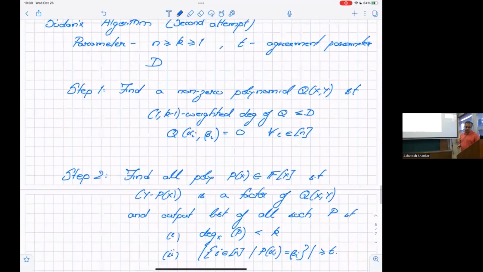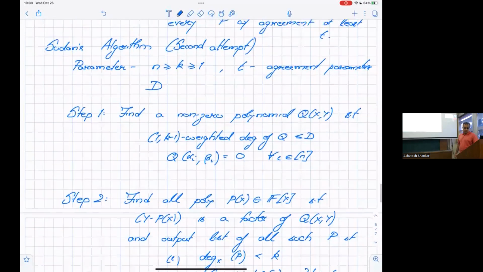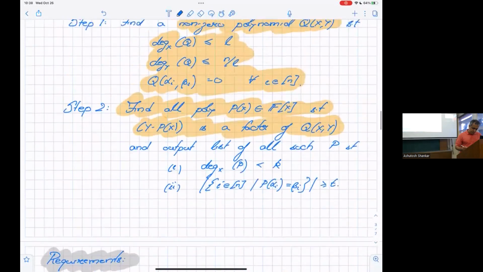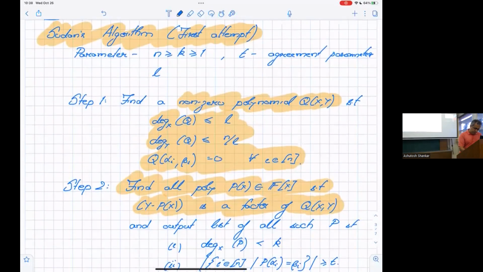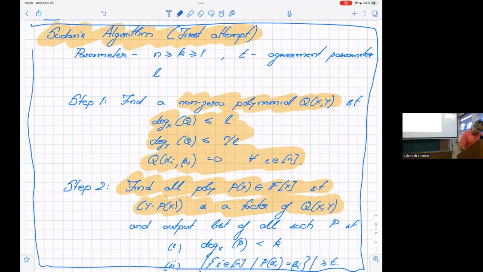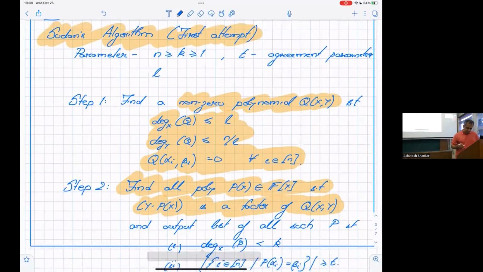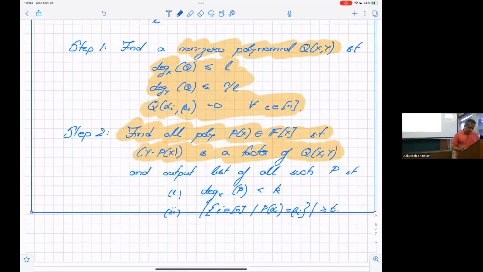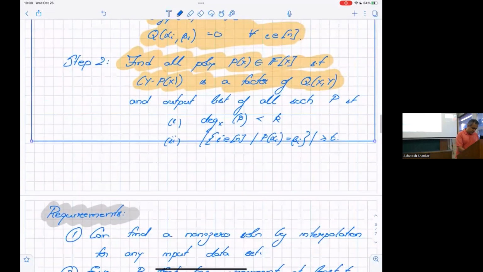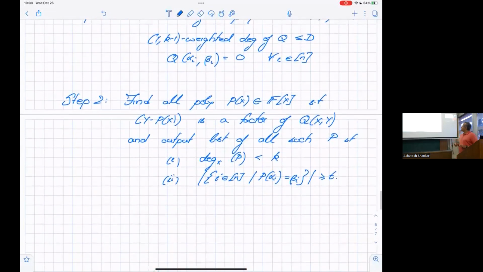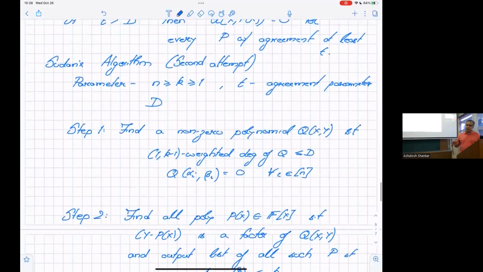And the second step will be as before. Okay, so we have this, and the second step is going to be exactly the same.